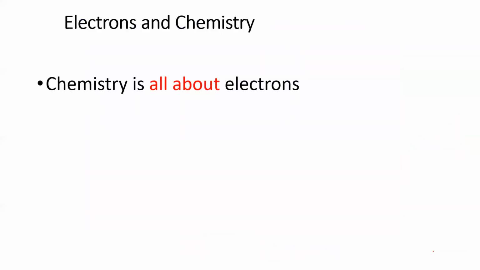So why do we talk about light when we study chemistry? Well, chemistry is all about ratios, but it's also all about movement of electrons. It's the movement of electrons in the valence shell that results in bonds being broken and bonds being formed. And that's what we observe with chemical reactions.